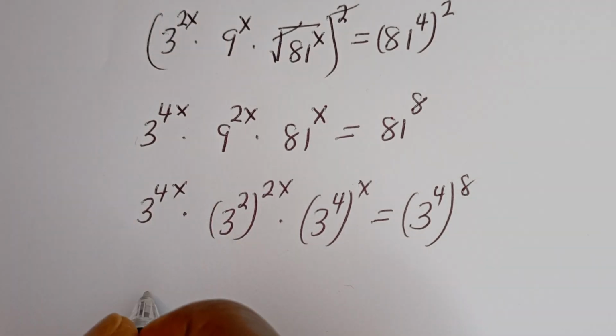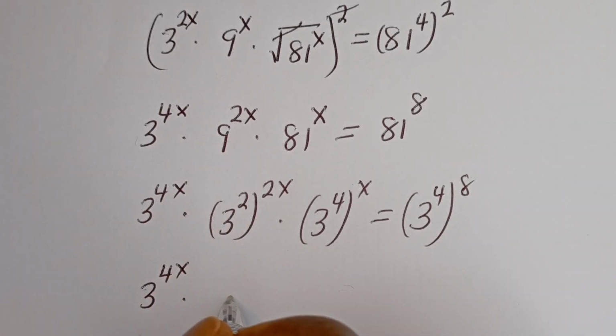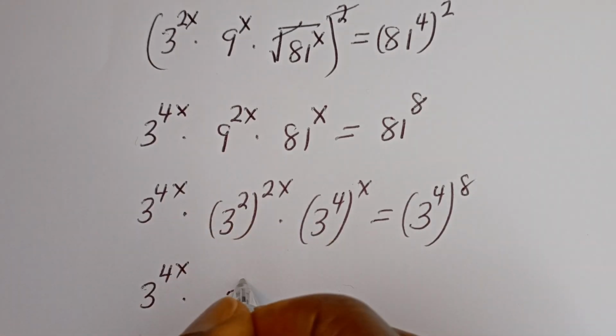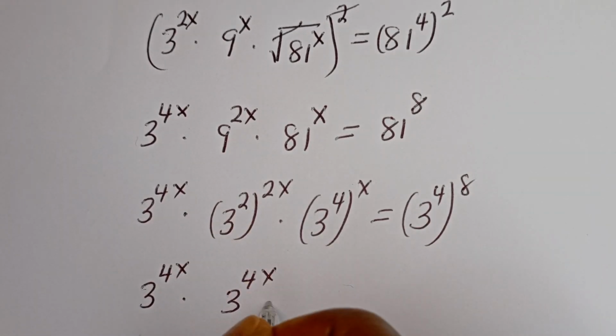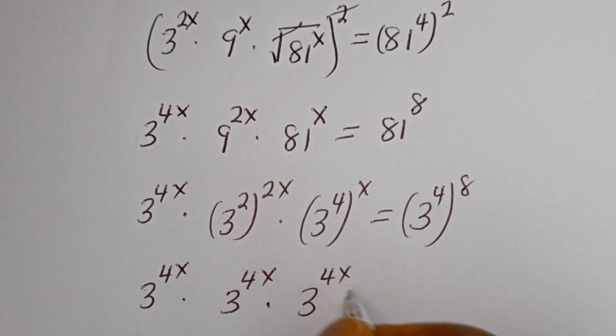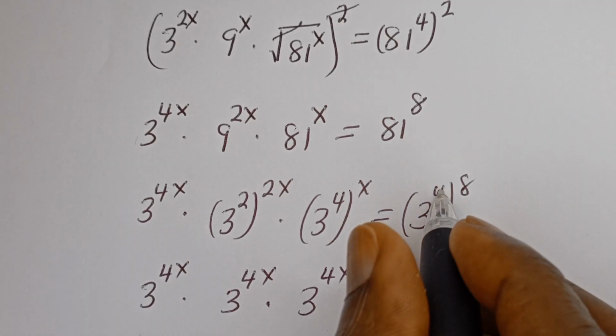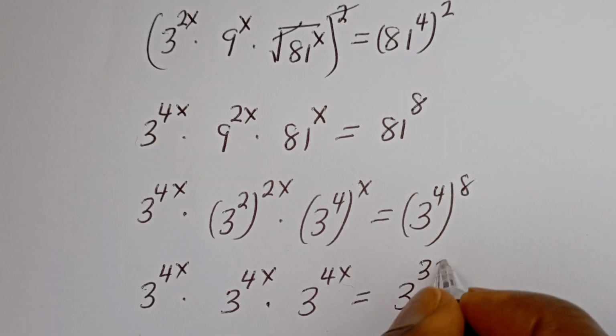Then this is 3 to the power of 4x multiplied by 3 to the power of 2 times 2x, that is 4x, multiplied by 3 to the power of 4 times x, that is 4x, is equal to 3 to the power of 4 times 8, that is 32.